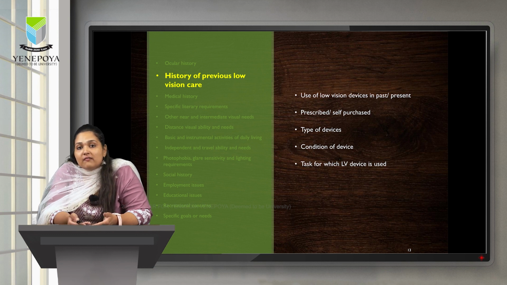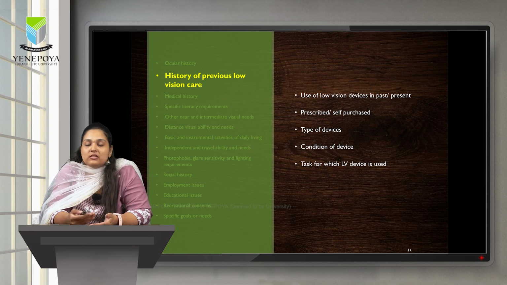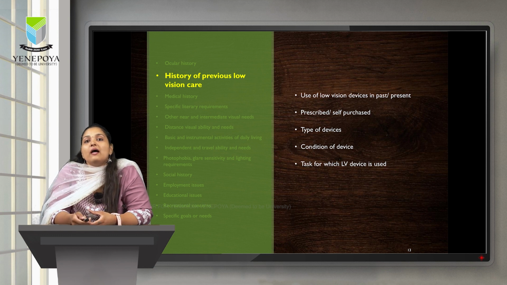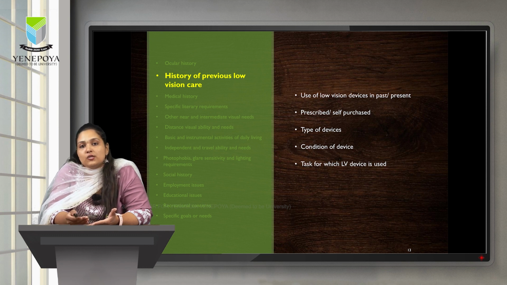What type of device is he using, whether for distance, near or intermediate? What is the condition of the device right now, whether it is in good condition or broken, or he is not using it because of some disadvantage of the device, and what is the task for which he uses the low vision device?